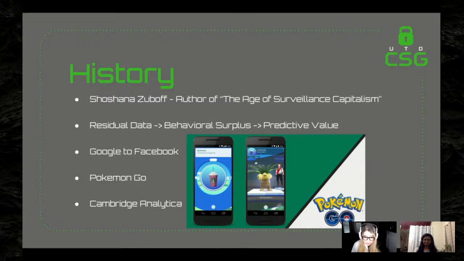And at first they didn't know what to do with it. But then they found out that it was a behavioral surplus. And they used it to develop an improved spell checker, or their "did you mean" function. And then later on, they developed targeted ads. Thank you. Google was founded in 1998.